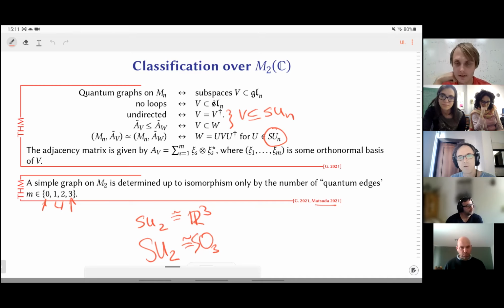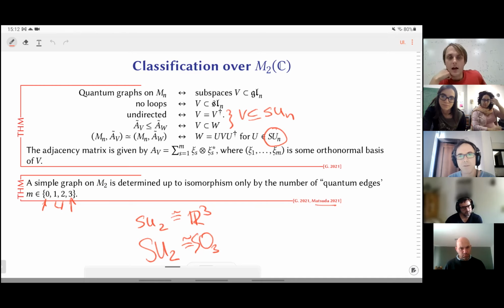And do you have a feeling that, given a finite dimensional Hopf algebra over the complex numbers, you can realize it as a quantum automorphism group of a quantum graph or not?